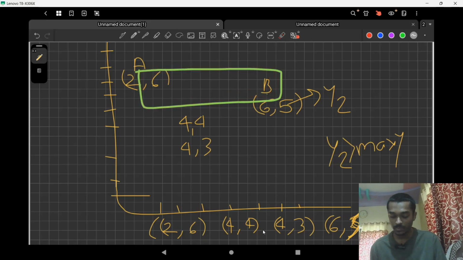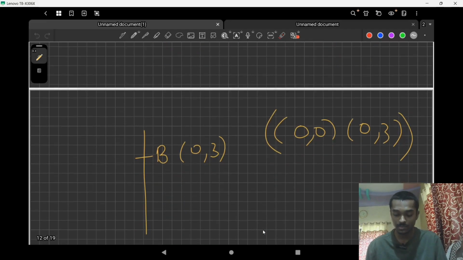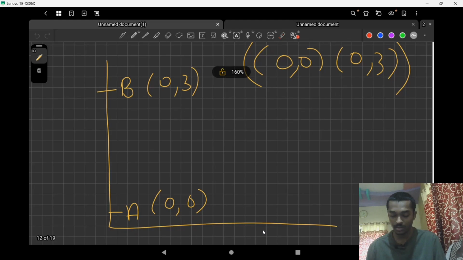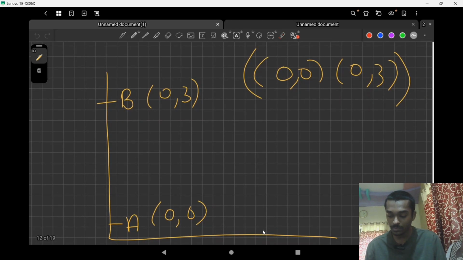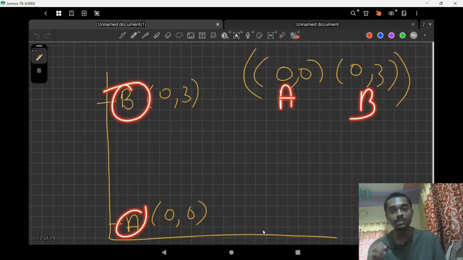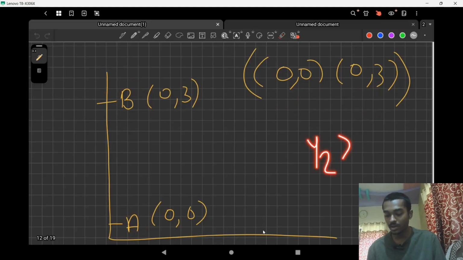Now for this there is also one edge case, and the edge case is this. Now you can see we sorted our array on the basis of x1. Let's see, this is point A and this is B. Our first condition is if y2 is greater than y1, meaning 3 is greater than 0, this is invalid.